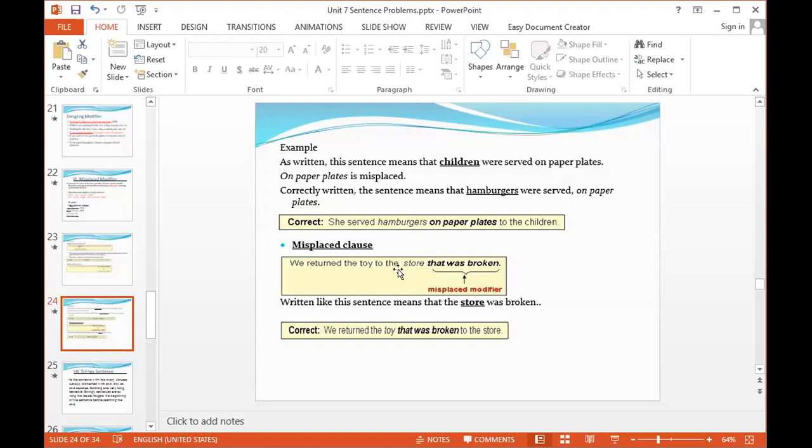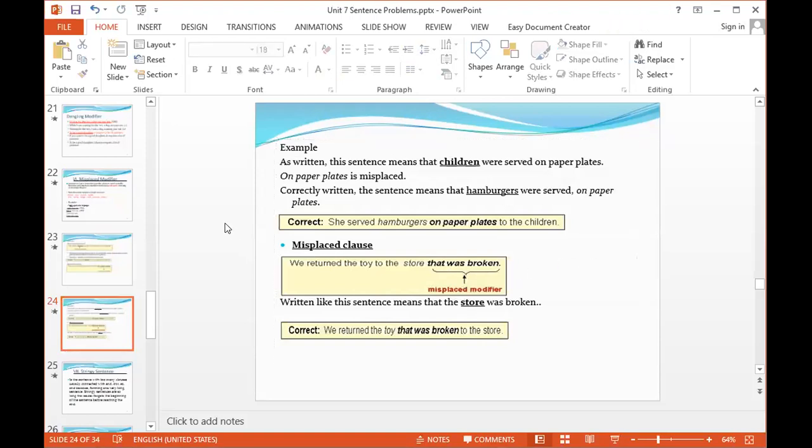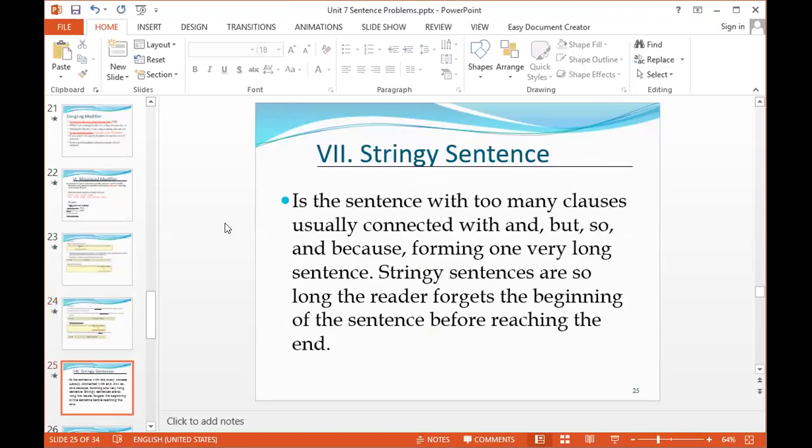You put it behind the store, that's why this is called a misplaced modifier. To correct it easily, put it behind that noun: we return the toy that were broken to the store. So when you write, you have to be careful about putting the modifier in the right place. If you put it in the wrong place, we call it a misplaced modifier.